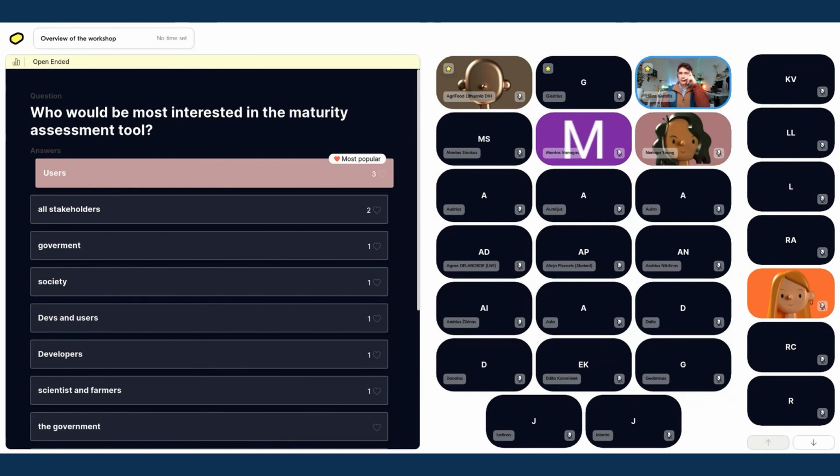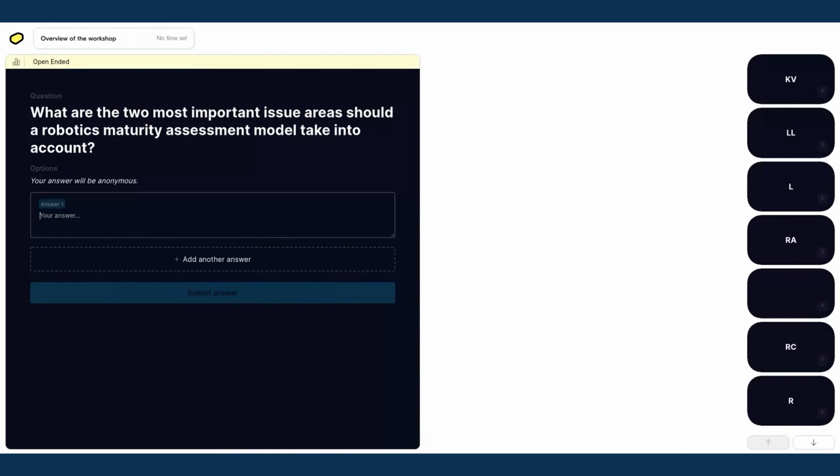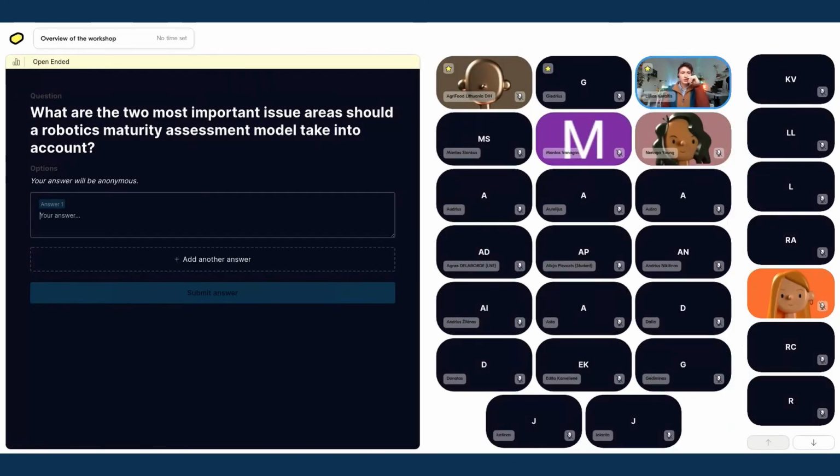And two more questions. What are the two most important issue areas that a robotics maturity assessment model should take into account? So we are getting deeper into the robotics maturity assessment model.